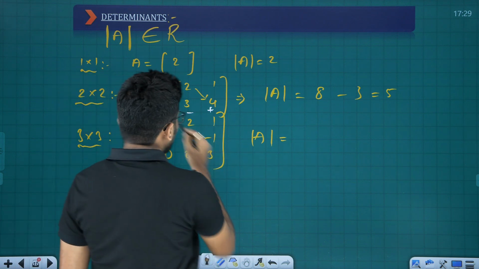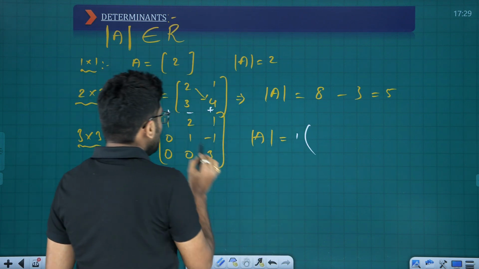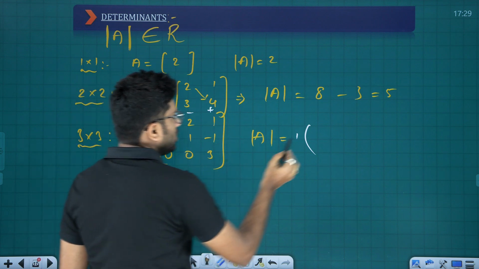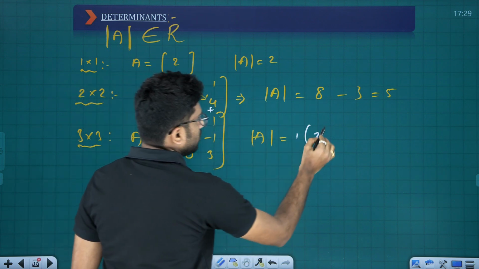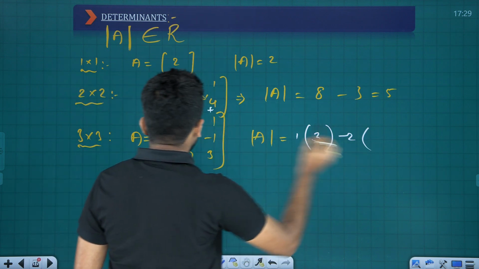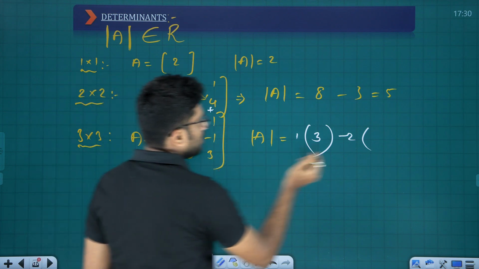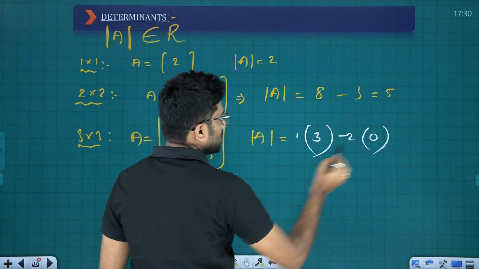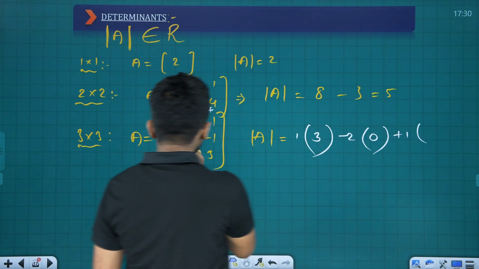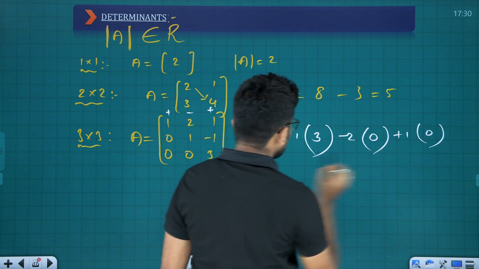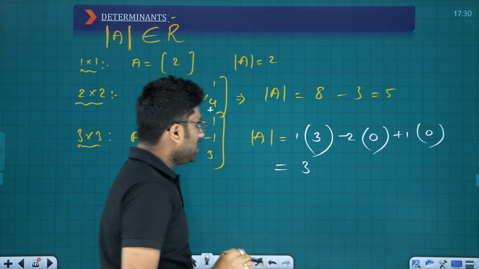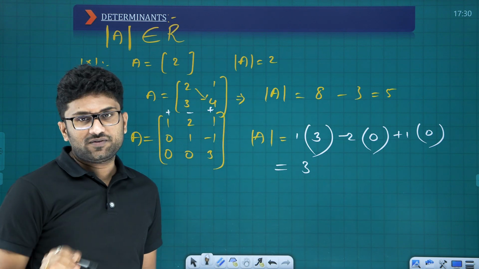So plus 1 into the determinant of 1, minus 1, 0, 3, minus 2 times the determinant of 0, minus 1, 0, 3, plus 1 into the determinant of 0, 1, 0, 0. So then we get 3. The determinant of this 3 by 3 matrix is 3, friends.